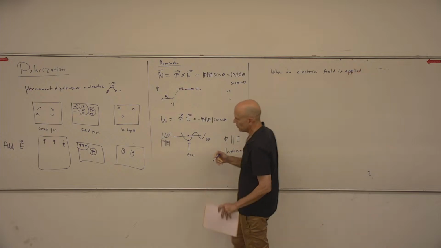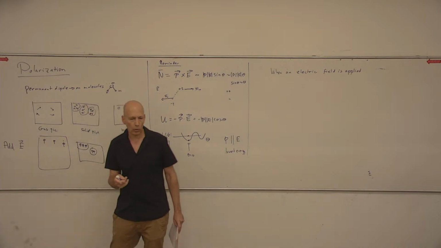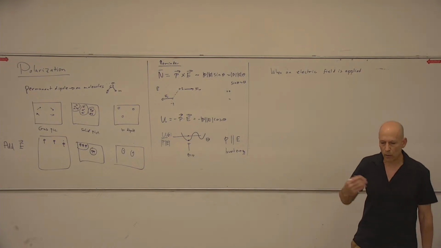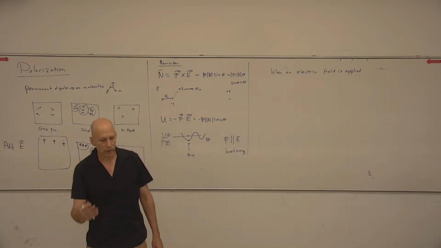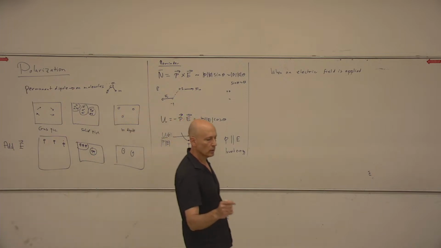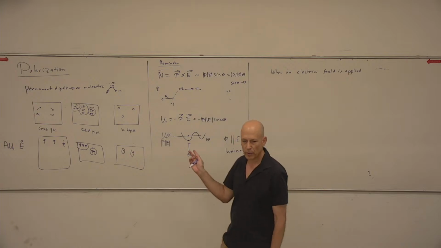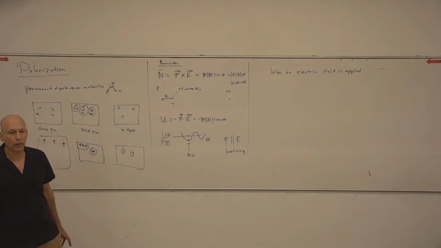By the way, this was a remark. Some systems, this is back to your question, can be polarized without external field. But when you were in kindergarten, you got a magnet. You didn't get such an electric object. So they exist, and they are called ferroelectrics.